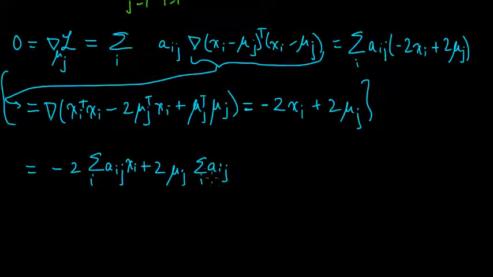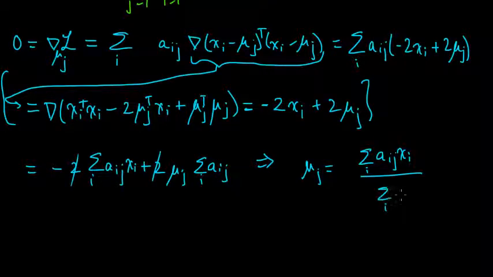So we set this equal to 0. The 2's cancel, move this one over, divide by this, and we get mu_j equals the sum over i of a_ij x_i divided by the sum over i of a_ij.